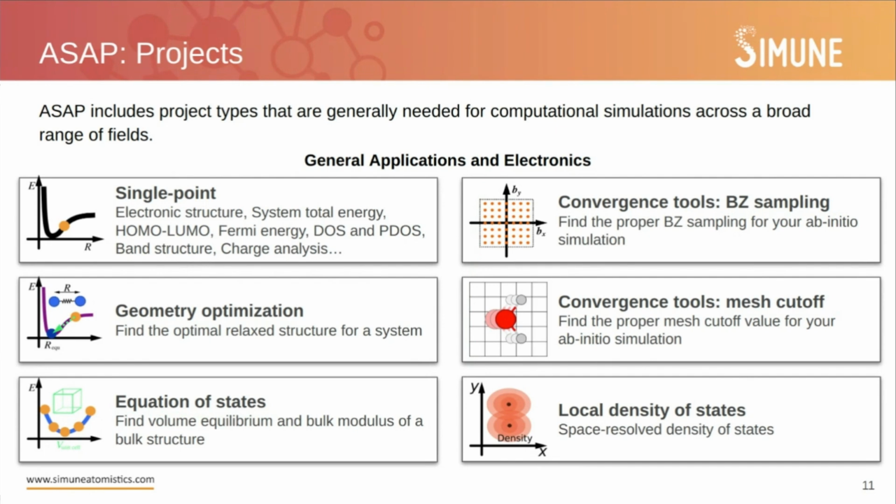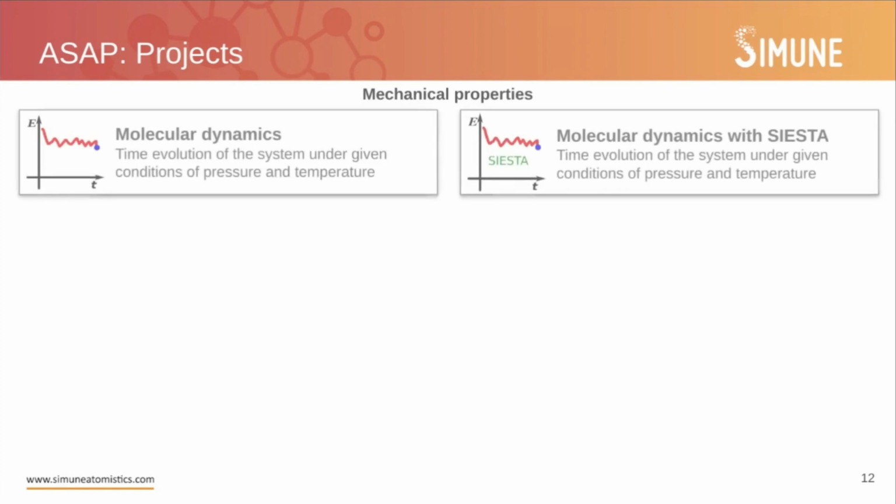Another project, local density of states, is designed to get information about the density of states in real space, and many more. We have two designed, among others, to get mechanical properties. Those are two molecular dynamics project types. One is specifically designed for SIESTA, and so it works only with the SIESTA algorithm.